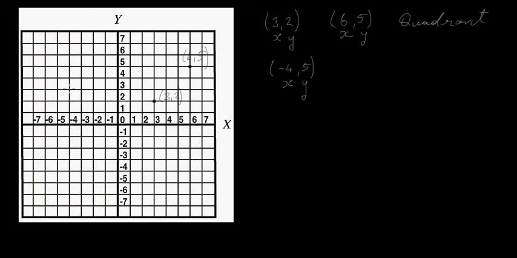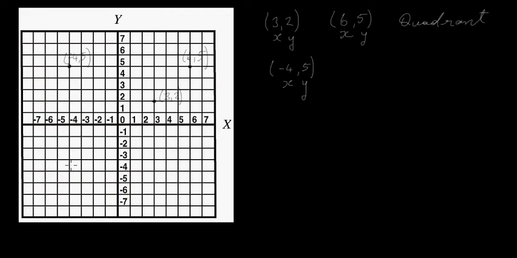So it's 1, 2, 3, 4, 5. So we're going to end up here. So let's just stick that in here. Minus 4, 1, 2, 3, 4, 5. So our point is here. So this is minus 4, 5. Okay, so that's a point in our second quadrant.